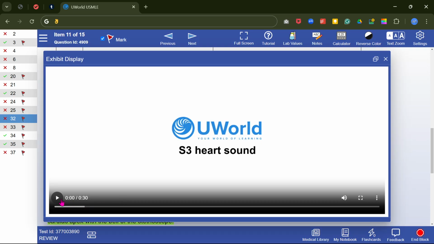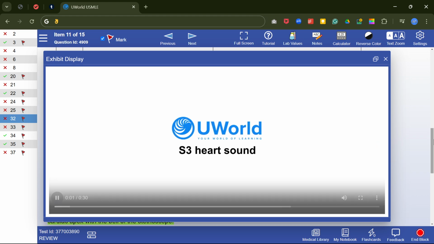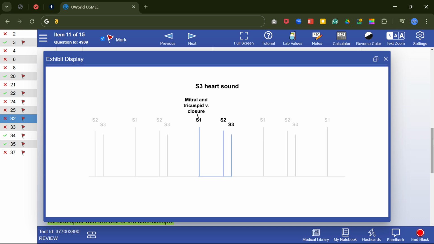So look at this video. Here, S1 is mitral and tricuspid valve closure, S2 is aortic and pulmonary valve closure, and then S3.